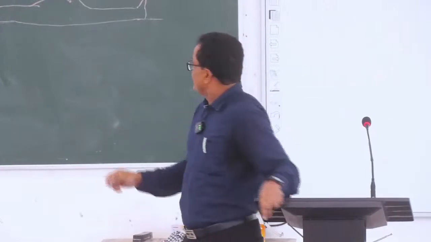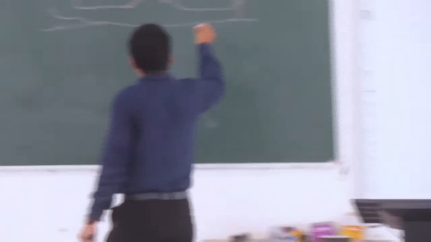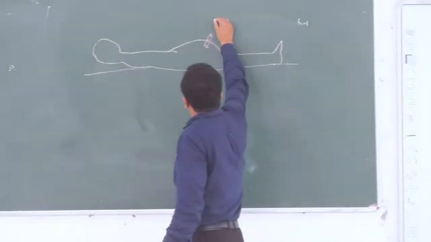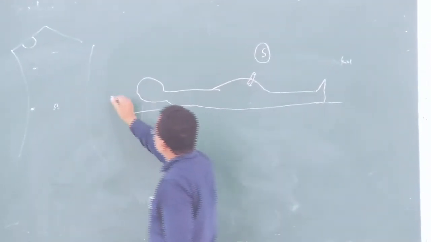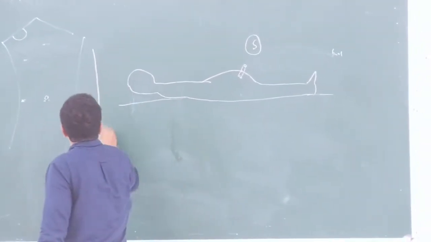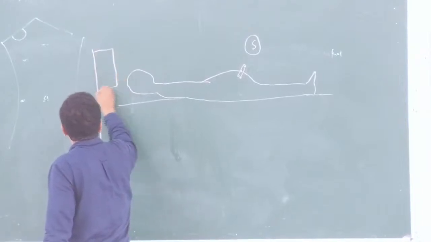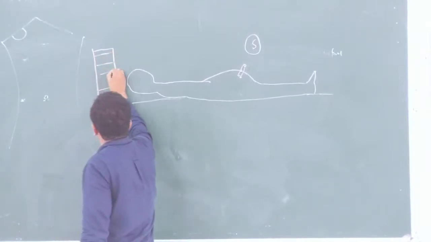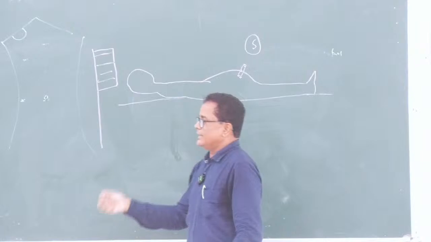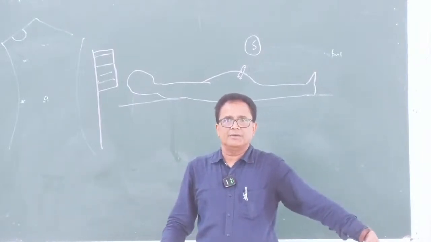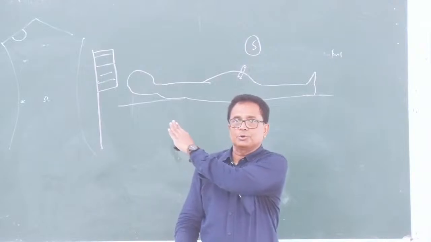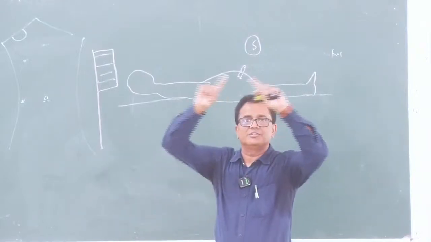And in laparoscopy, what happens? We do not look at the patient. Suppose the surgeon is standing here, the surgeon will not look at the patient, the surgeon will look at the monitor. Just like on the patient's right shoulder, the surgeon will be on the patient's left, and on the right shoulder you will see a television screen.